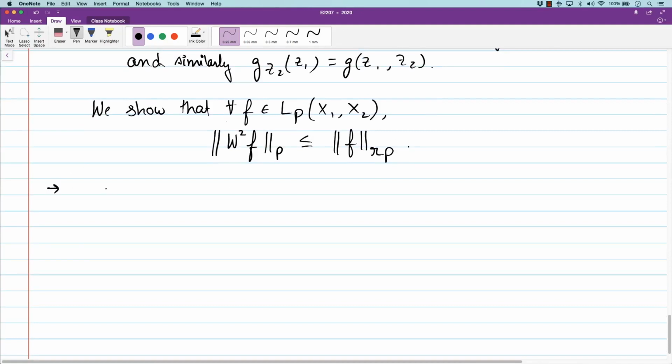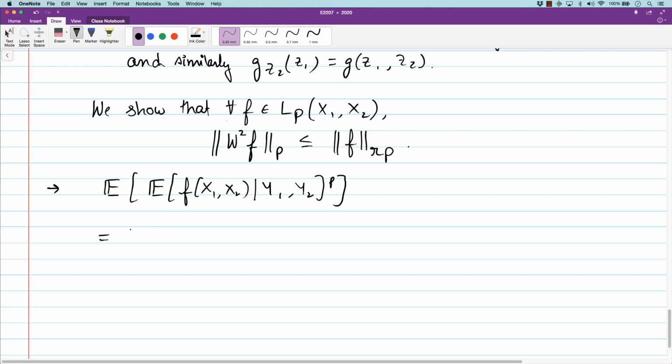So let's start with this conditional expectation of f of x, where x here denotes the vector x1, x2. Maybe it's better to write the whole thing, given y1, y2, to the power p, whole to the power 1 by p. Let's look at this.